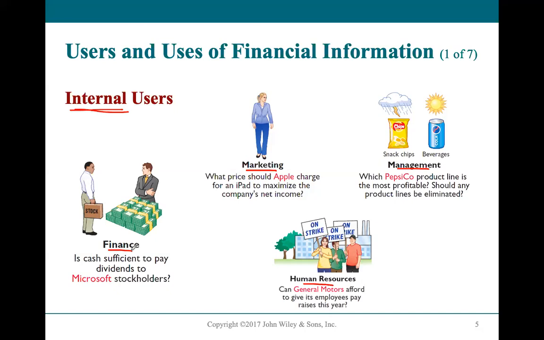On the bottom there, you have human resources. And of course, human resources play a very important role because the biggest expense for all service businesses, so businesses that are in the service industry, like hospitals, for example, most of their expenses are employee related, pay, benefits, things like this.